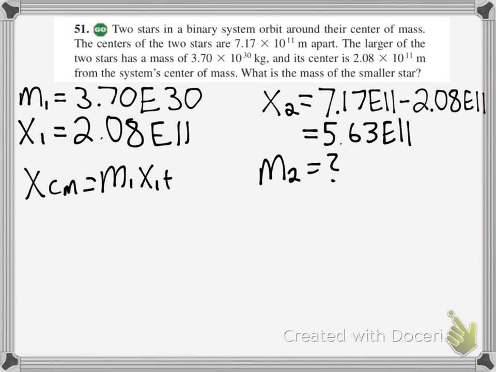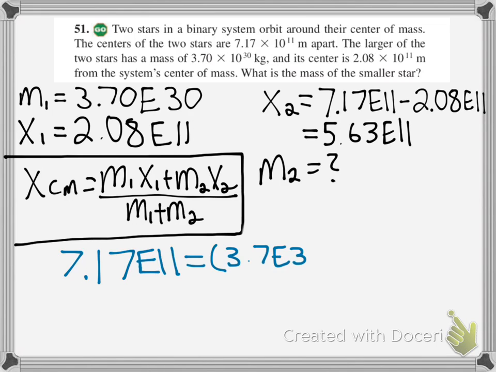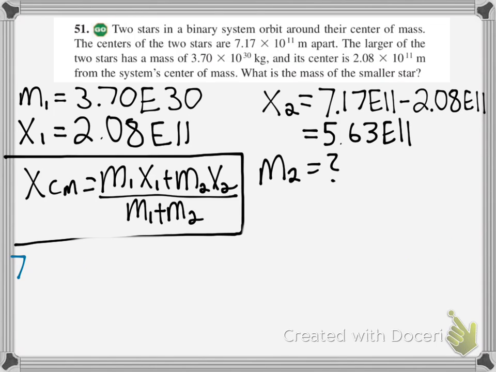Okay, so we're just going to use our regular X_CM equals M1x1 plus M2x2 divided by M1 plus M2 formula. So we know the center of mass already that they told us, which is what we subtracted earlier. Okay, so that's going to be equal to, again, M1, 3.7 times 10 to the 30, times x1, which is 2.08 times 10 to the 11th.